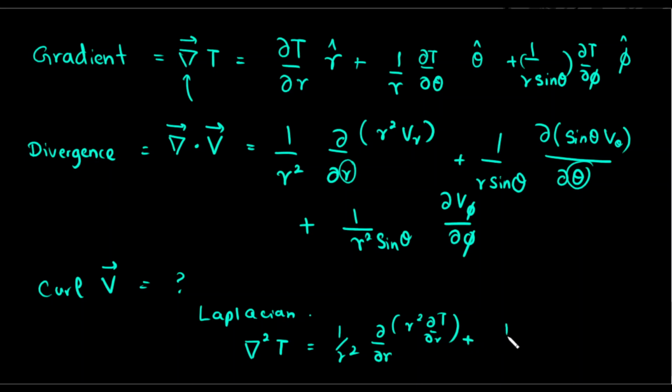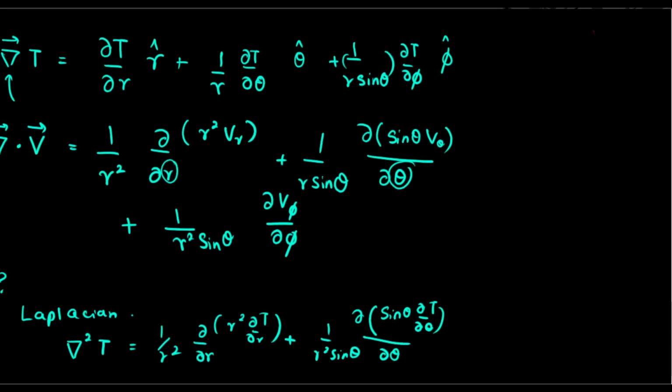Now we have 1/(r² sin theta) ∂/∂theta of sin theta ∂T/∂theta, this is partial differentiation with respect to theta.